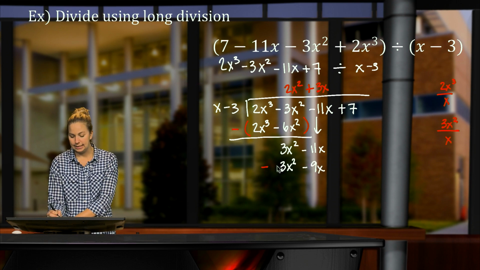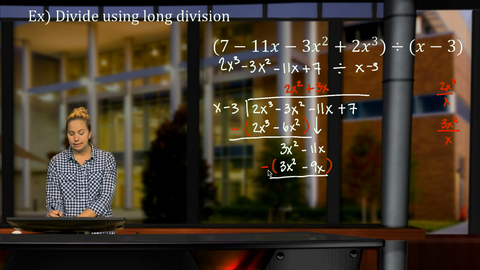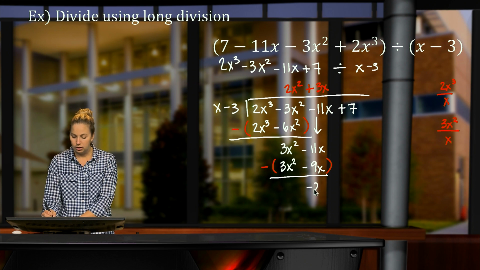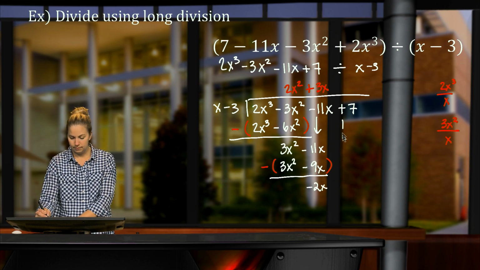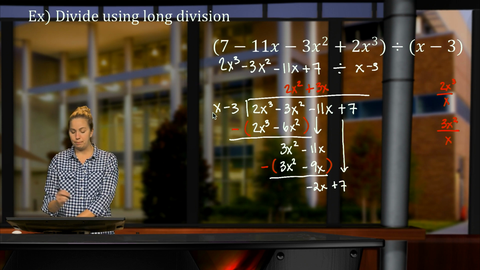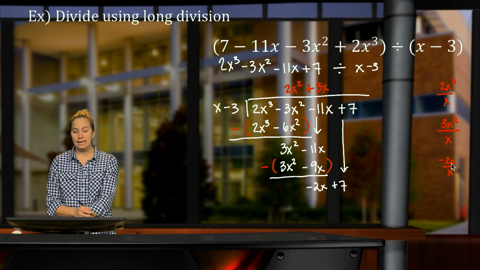I'm subtracting this entire thing, so I add parentheses. 3x squared minus 3x squared is 0. Negative 11x plus 9x is negative 2x. Bring down the plus 7 and repeat. Negative 2x divided by x. That simplifies to negative 2.